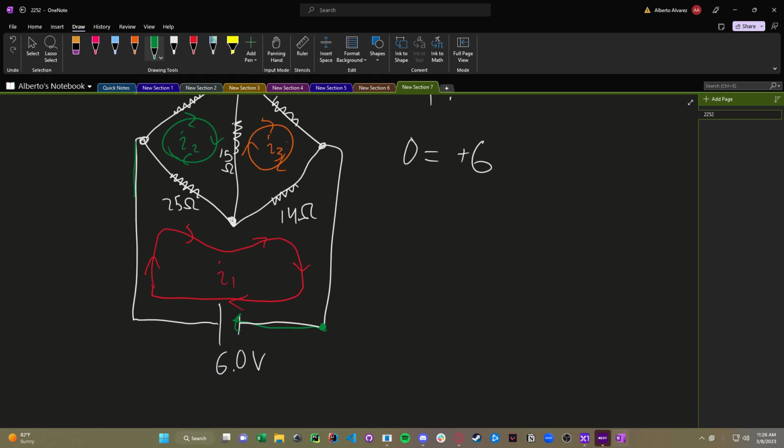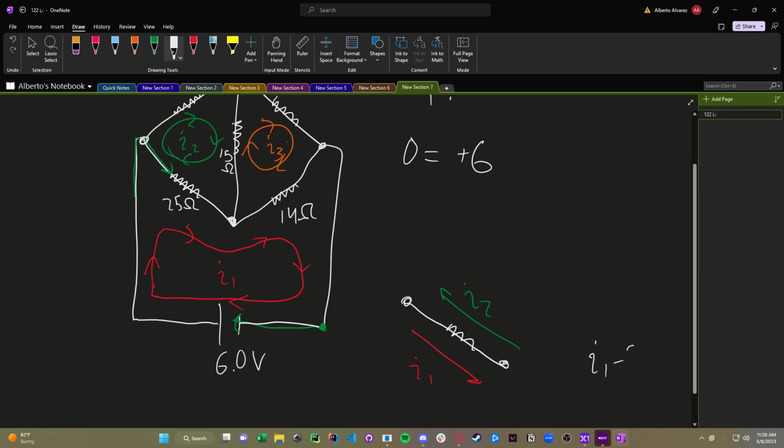Now from here, we reach the 25 ohm resistor. It has I1 going down it, but I2 is opposing it. So the total current passing through this resistor, from the perspective of I1, will be I1 minus I2.